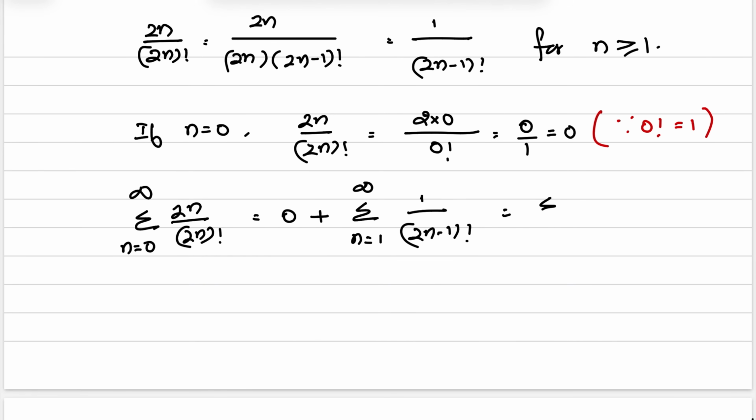That is equal to sigma n is equal to 1 to infinity 1 by (2n minus 1) factorial. This is 1, we have got the value.